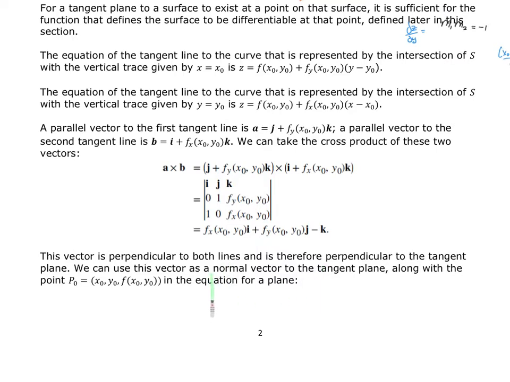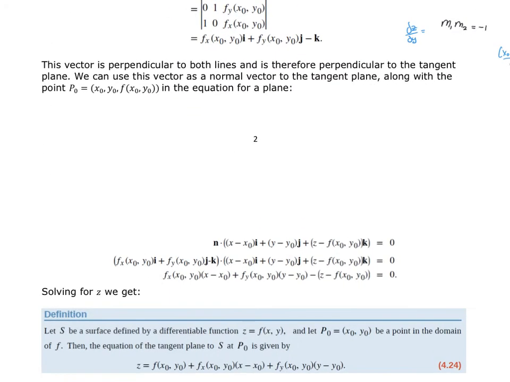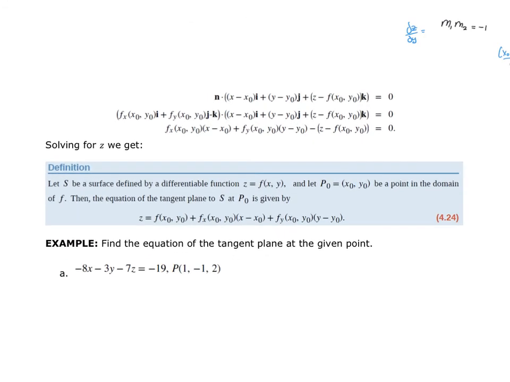We can use this vector as the normal vector to the tangent plane along with a point for the equation of a plane, which ends up getting us to this. So we do all of this and we get this. This is the equation of the tangent plane.